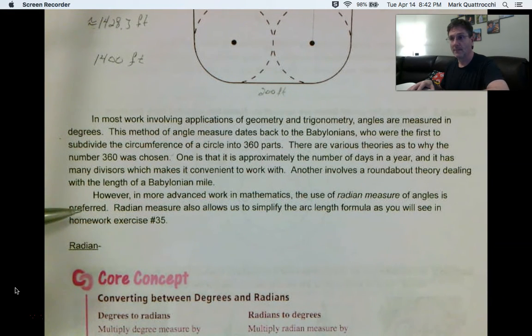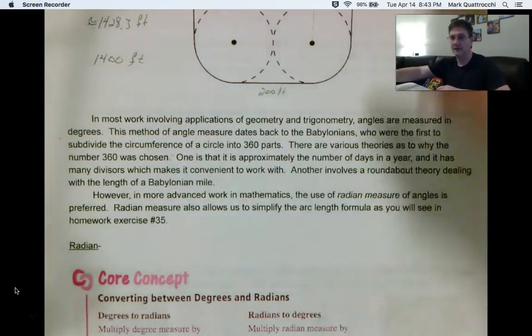There are also 2 different ways of measuring angles. One is the most commonly used, degrees. Another is called radians. You're going to have to write out the definition.